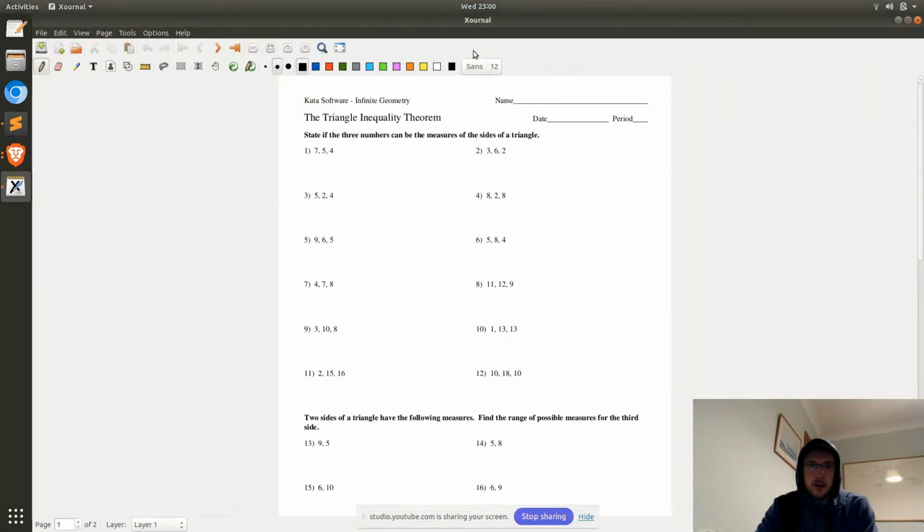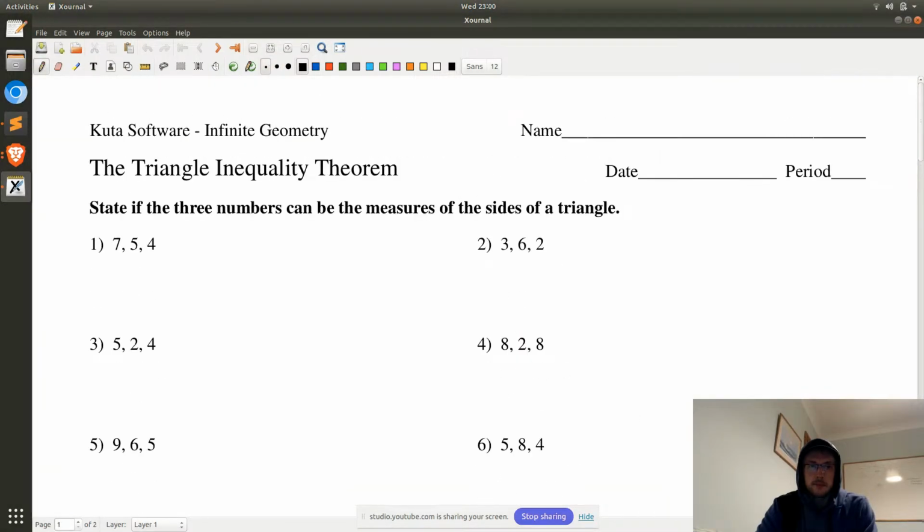Understanding the triangle inequality. State if the three numbers can be measures of the sides of a triangle. So the triangle inequality is violated if the largest number exceeds the sum of the two smaller numbers, because that's impossible.